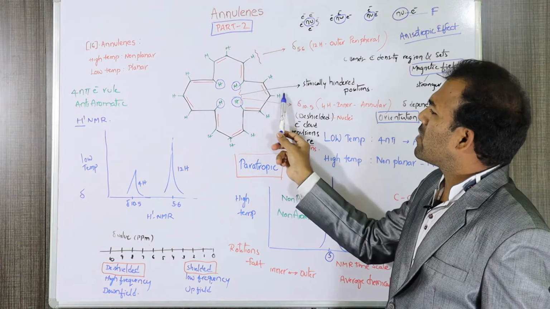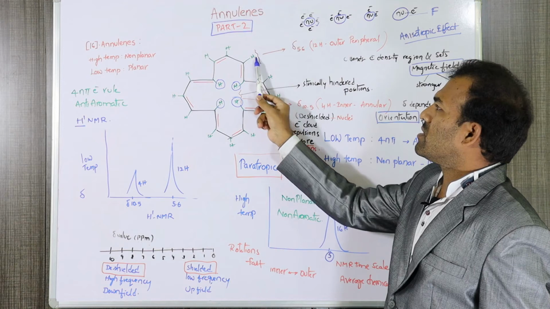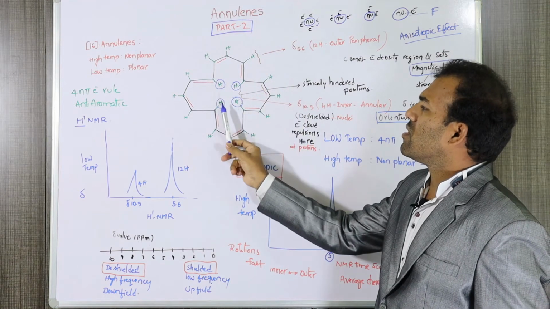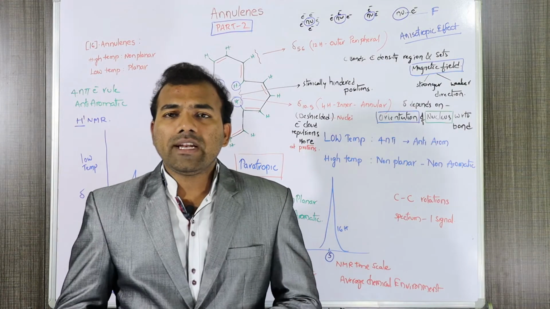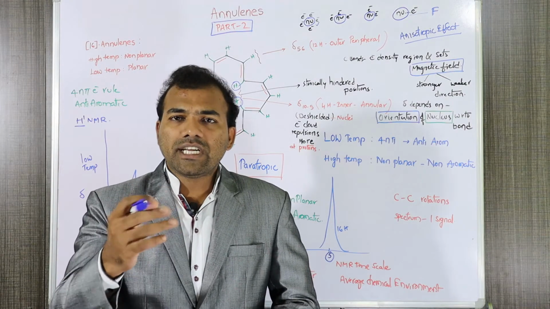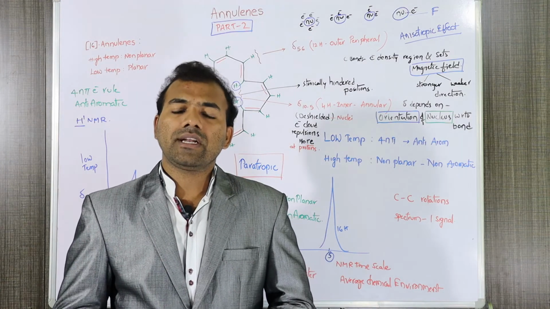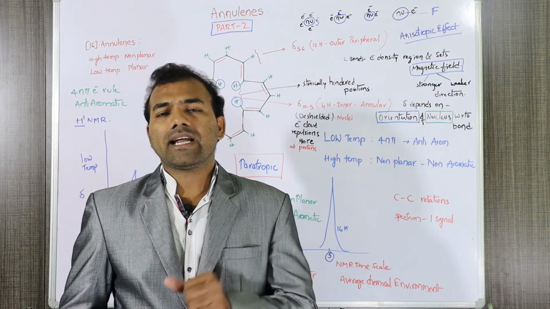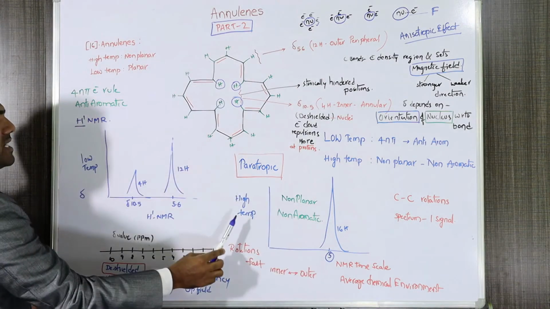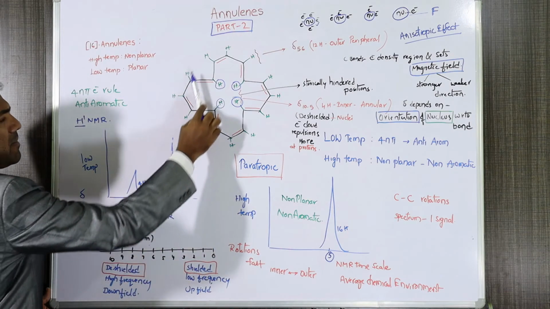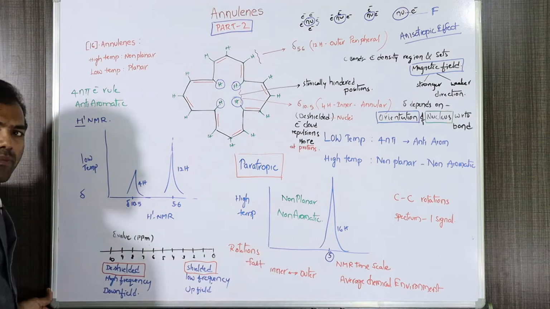These 12 hydrogens are called peripheral hydrogen atoms. These 4 hydrogen atoms we call annular hydrogen atoms. In an annulene with 16 carbon atoms, or 16 conjugated pi electrons, there is some steric hindrance between those 4 hydrogen atoms inside the ring. If you raise the temperature, then it will become a non-planar structure and show non-aromatic properties.